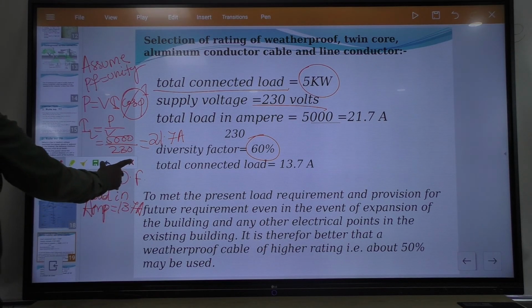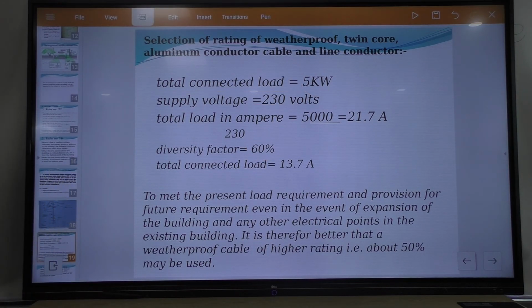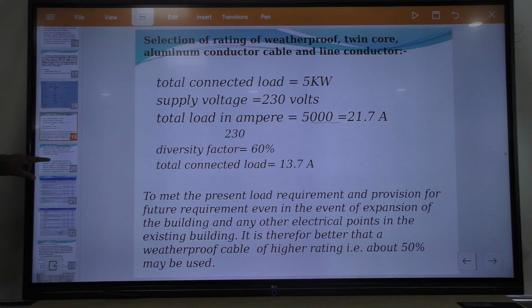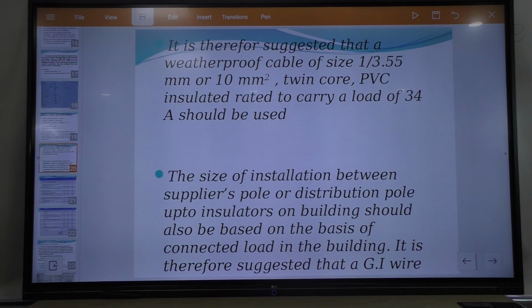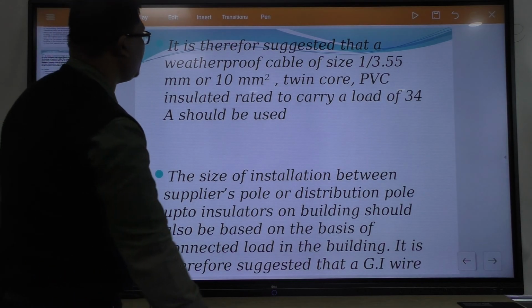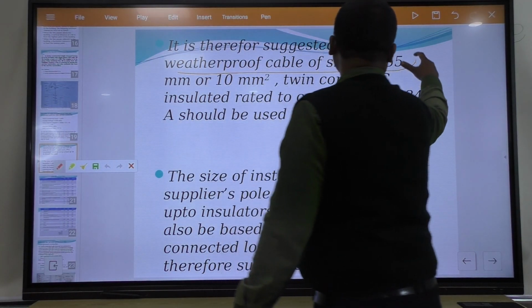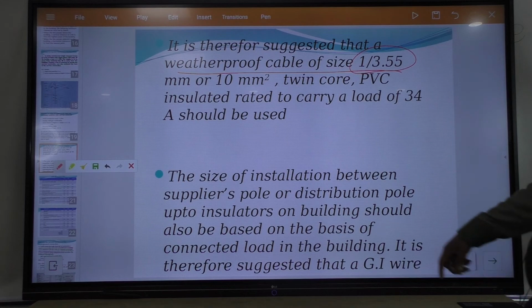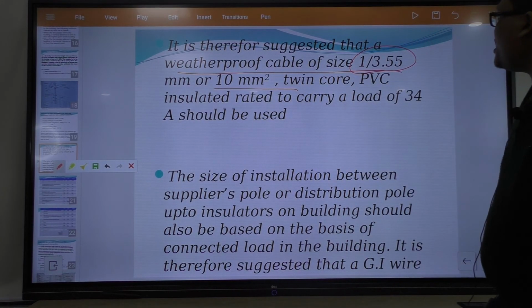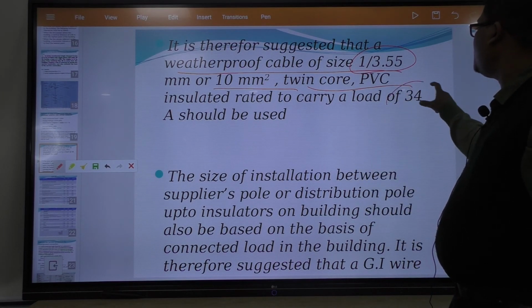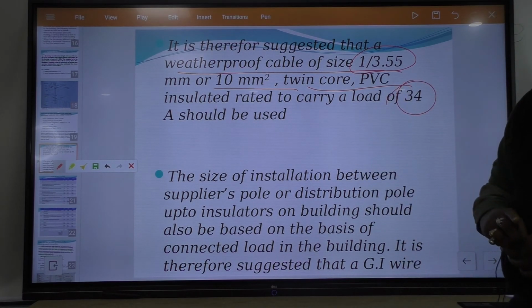From the conductor chart we will have weatherproof cable of size 1 by 3.55 mm, or 10 mm square. A 10 mm square two-core PVC cable to carry a load of 34 ampere should be used.